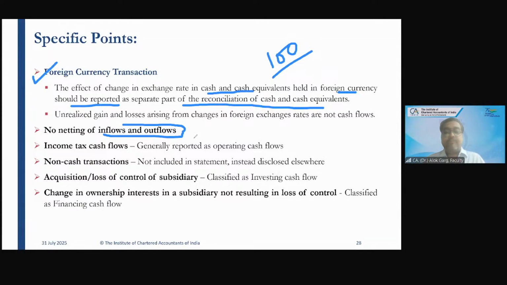For example, your bank OD, your cash credit limit, where there is a lot of fluctuation in the cash credit limit, right? So you have opened a limit of 1 lakh rupees, okay? And every day you are using the limit for 80,000 rupees, withdrawing the money and depositing the money every day.